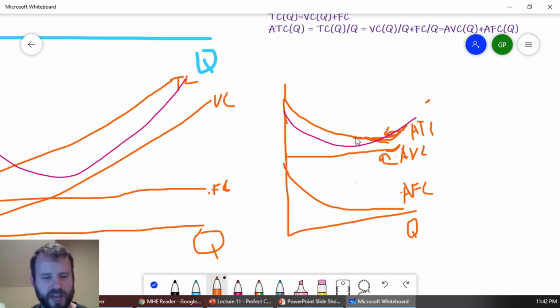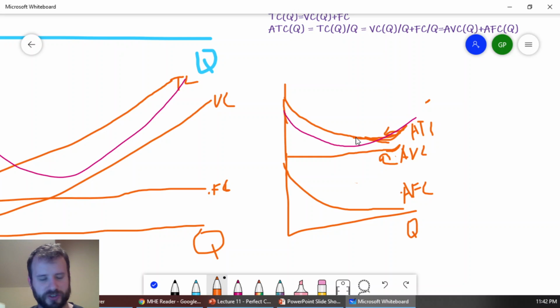But the example I gave was your marginal cost is like your next grade, right? And your average is the average of your grades. So if your average was an 80 and you got an 86, that drives your average up, right? On your next exam. So your marginal cost is going to be driving the average total cost.